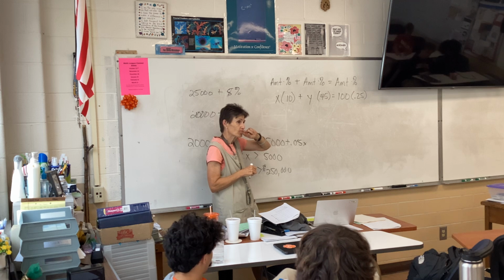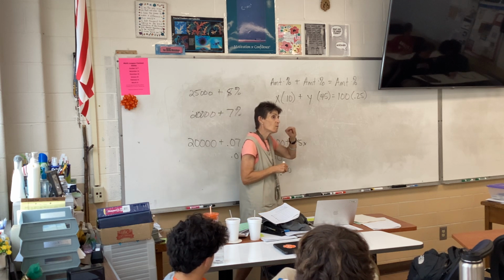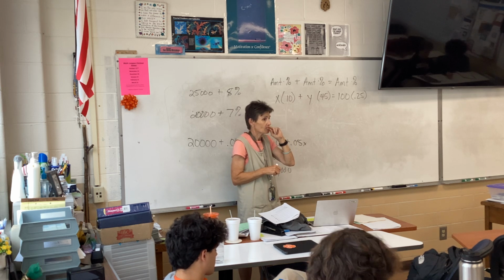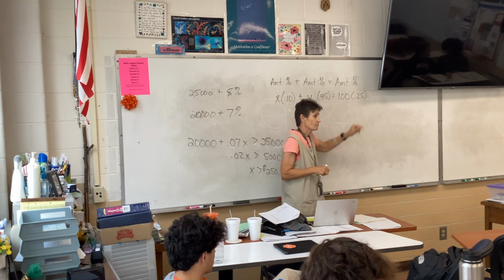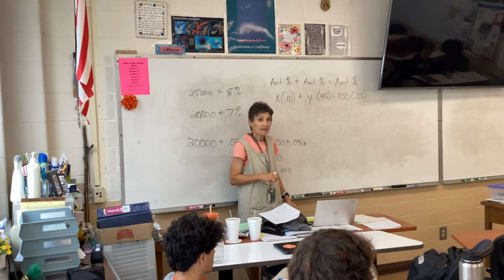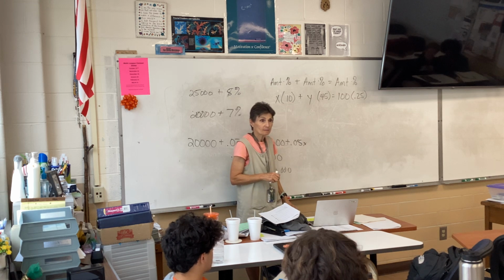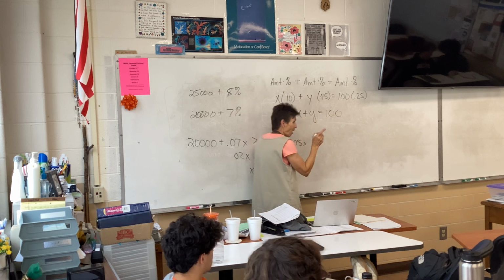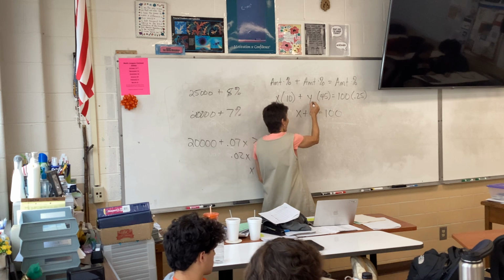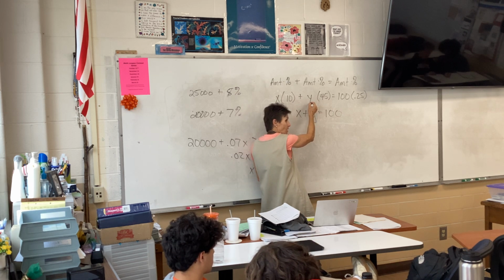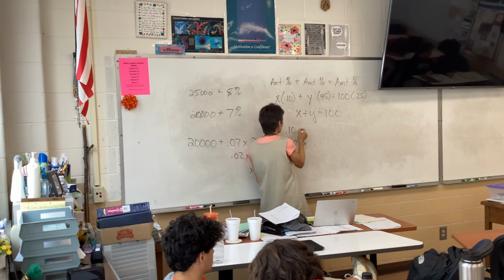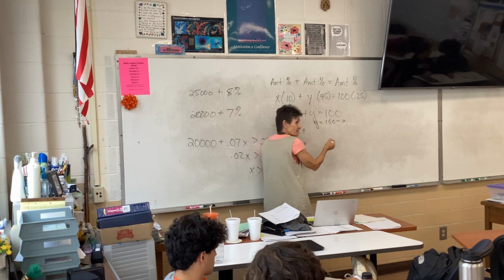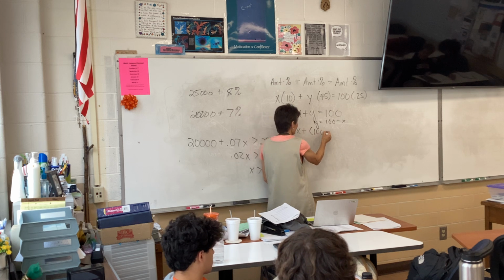However, do I know anything about X and Y? Don't they have to add up? X plus Y equals 100. So now I know that Y is 100 minus X. I can put that right here.